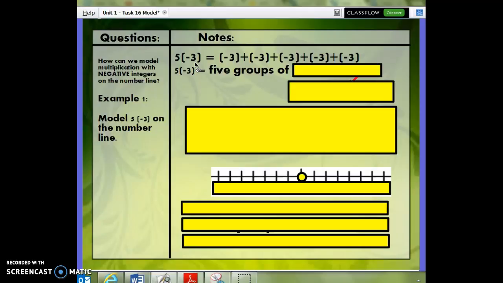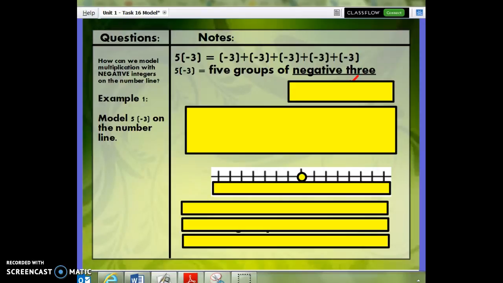And it goes back to the idea of repeated addition. Remember, 5 times negative 3 is saying that I have 5 groups of negative 3. That means negative 3 plus negative 3 plus negative 3 plus negative 3 plus negative 3. And we know from our recent study that when you add negative numbers, you get a larger negative number.